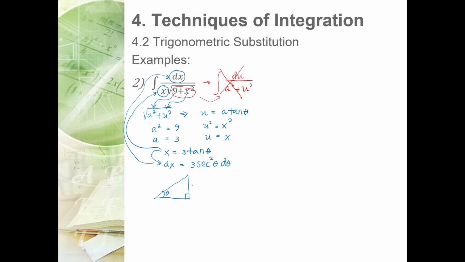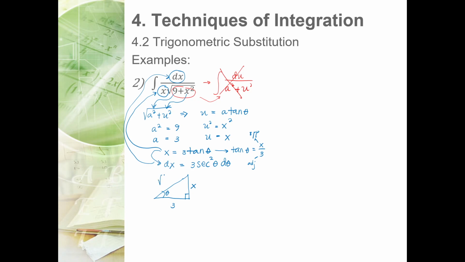The opposite side is the x parameter. For those of you who don't know why it's x, if we isolate the tangent function, tangent theta is equal to x over 3. As per definition, this is the opposite side, and this is the adjacent side of the angle. So this is 3.